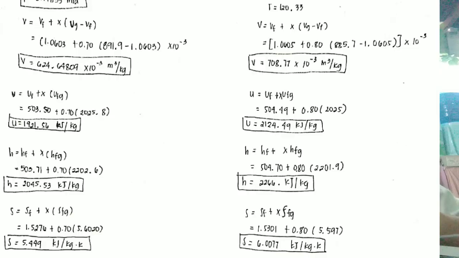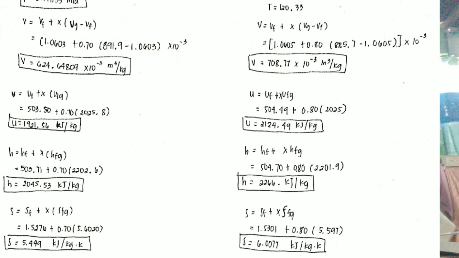So we plot it using our steam table. Our UF is equivalent to 503.50, plus our X of 0.70 times UFG, which is equivalent to 2025.8. Inputting it in the calculator, we get U equals 1,921.56 kilojoules over kilogram. So we got the U.